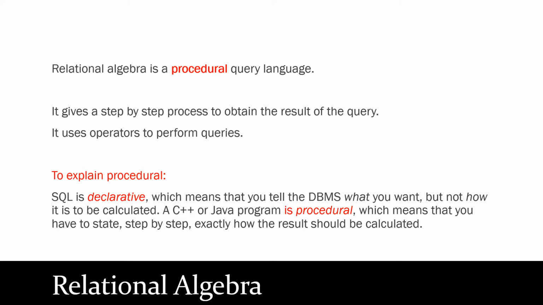A C++ or Java program is procedural, which means that you have to state step by step exactly how the results should be calculated. So, relational algebra is a procedural query language, which means we can see the step by step of the process to get the result.